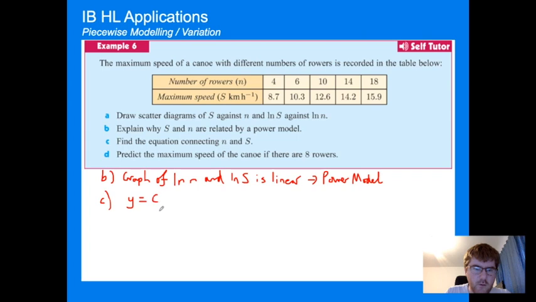So we get y equals 0.3958x plus 0.6181. And I'm going to say this is by GDC.